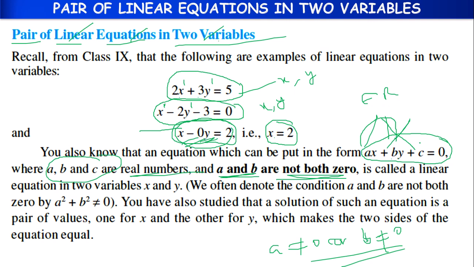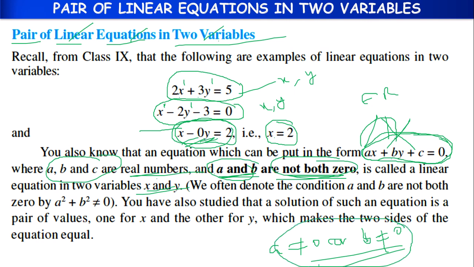So the equation which is in the form of ax plus by plus c equal to 0, where a, b, c are real numbers and a and b are not both 0, is called a linear equation in two variables x and y. This condition, a and b not both 0, or a not equal to 0 or b not equal to 0, is also represented as a square plus b square is not equal to 0. This will be 0 only if both are 0. So indirectly we are saying the sum of squares of a and b should not be equal to 0, which means either a is not equal to 0 or b is not equal to 0.